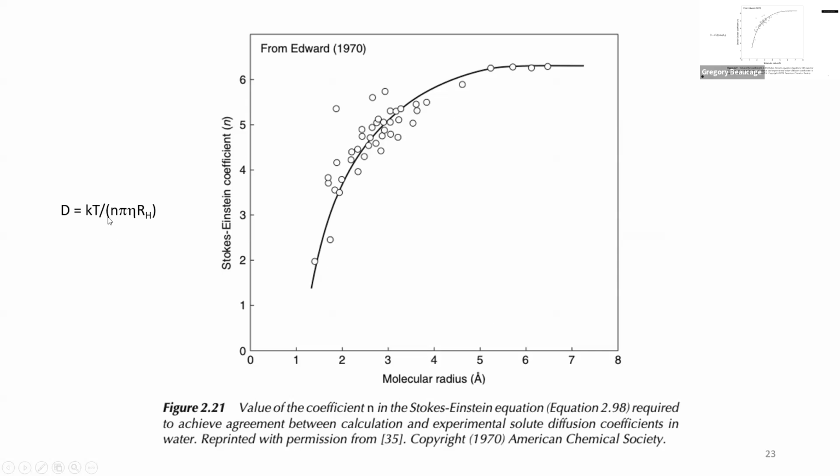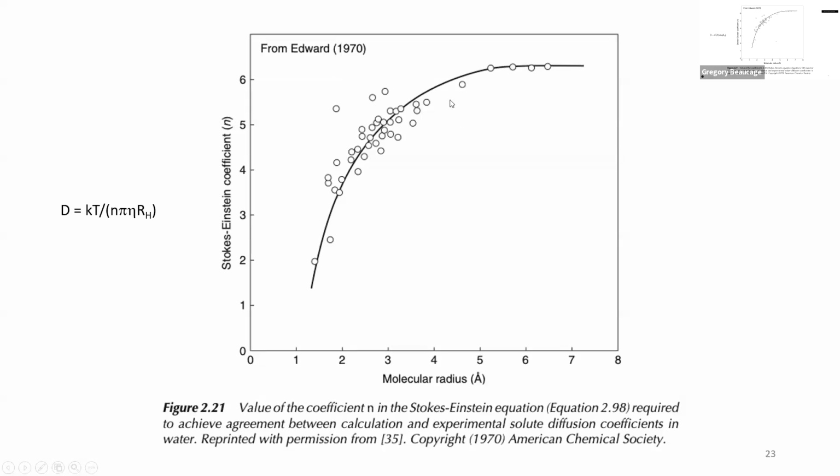Normally this N is 6, like 6 pi viscosity R_H kT, right? So they're using molecular radius for R_H. And then it's at a single temperature, so you just have 1 over this N number, which should be 6. So it goes to 6.